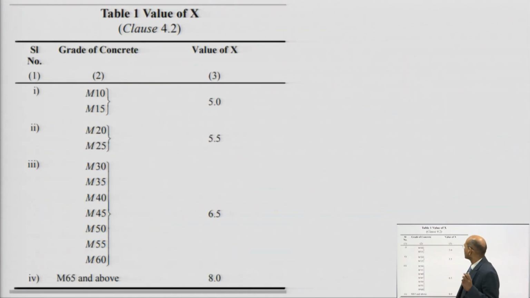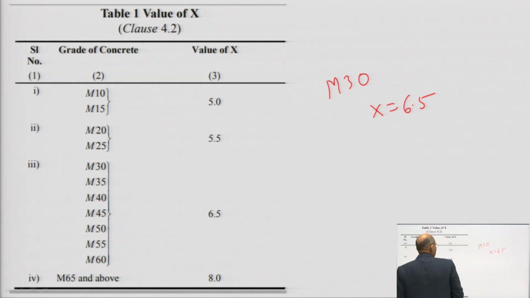The value of x is given here, because we have to take a minimum of that much value. Suppose we have M30 grade of concrete, then we have to use a value of x equal to 6.5.